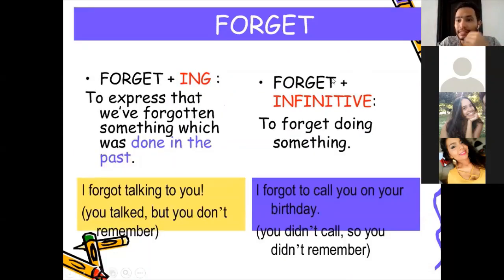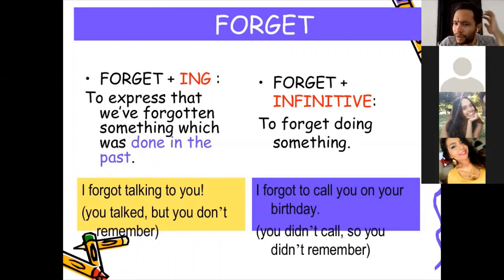In the case of forget, similar to remember, right? The ing form has a past intention, to express that you have forgotten something which was done in the past, right? I forgot talking to you. You talked to the person, but you don't remember. I forgot talking to you. Olvidé haber hablado contigo, right? Es decir, hablaste con esa persona, pero se te olvidó.